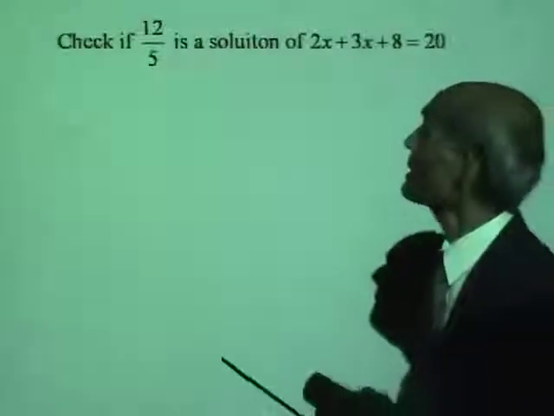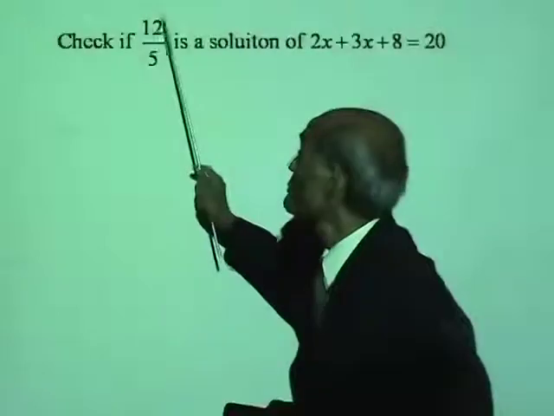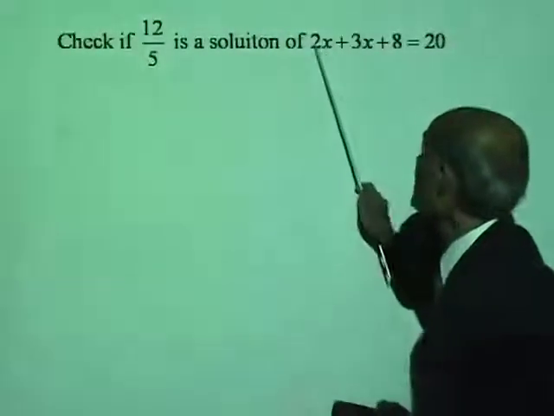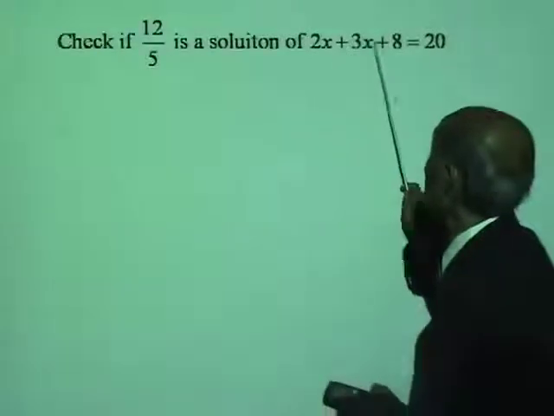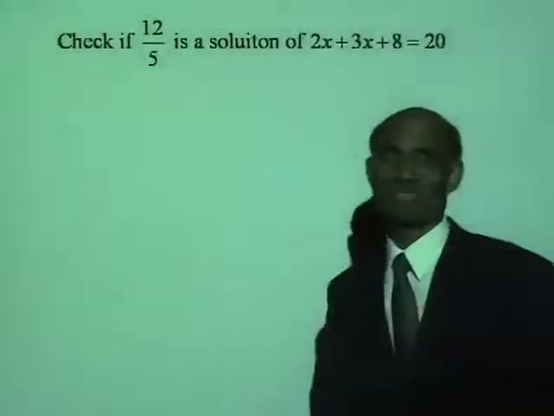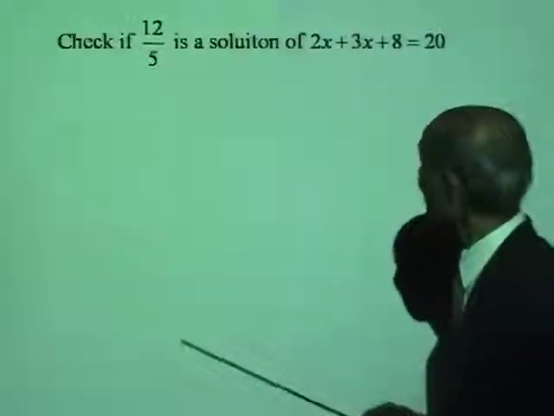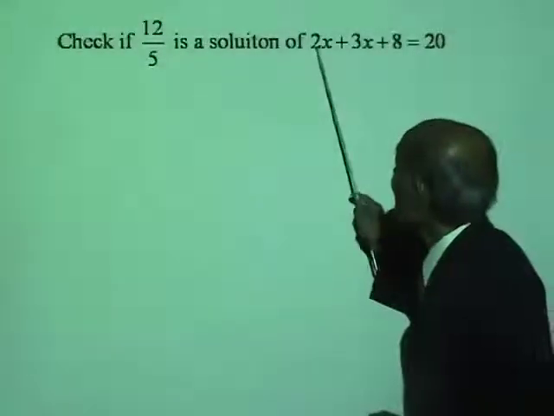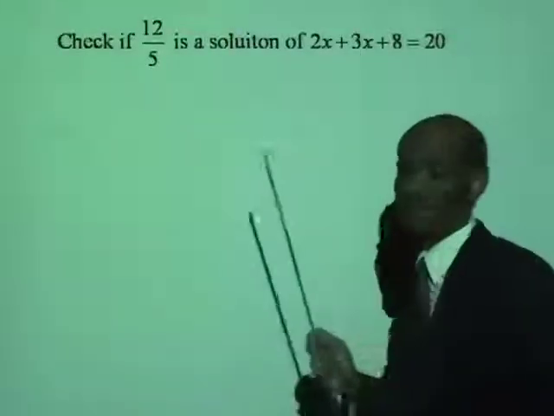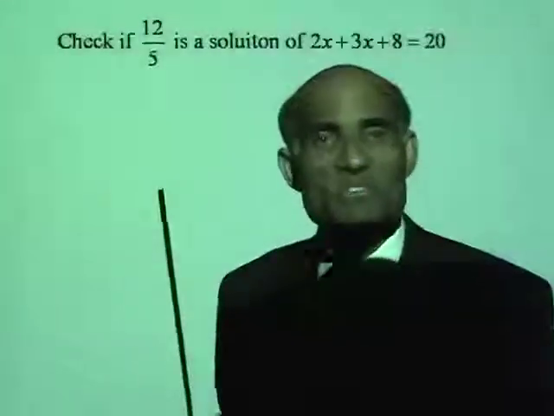Okay, another one. Check if 12 over 5 is the solution of 2x plus 3x plus 8 equal to 20. Well, when you are given an equation that contains 2x plus 3x, it's always easy to simplify that.